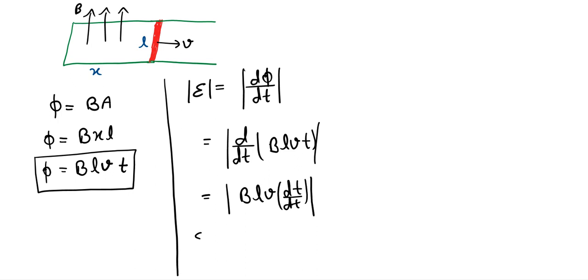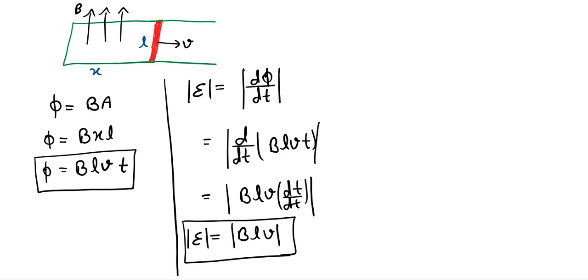So the induced EMF is B L v. The magnitude of the induced EMF is the magnetic field multiplied by the length of the conductor multiplied by the velocity of the conductor. So here we are only taking the magnitude of the induced EMF, not the direction.